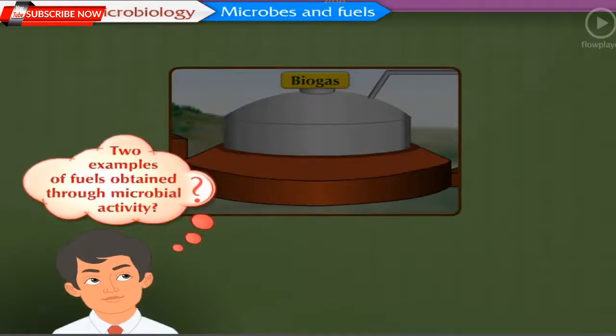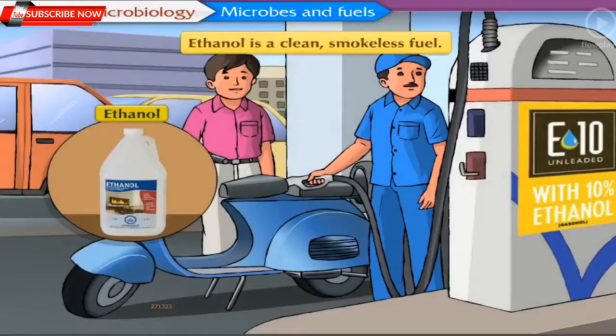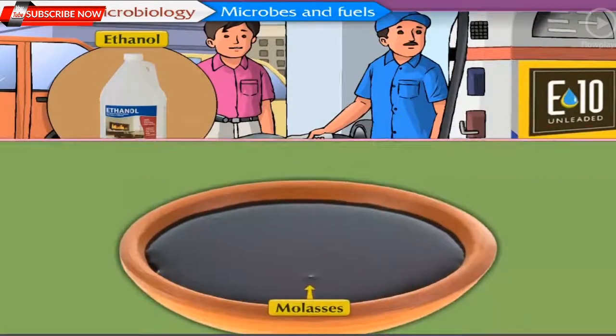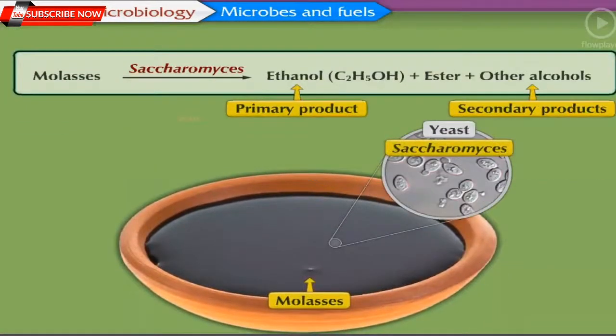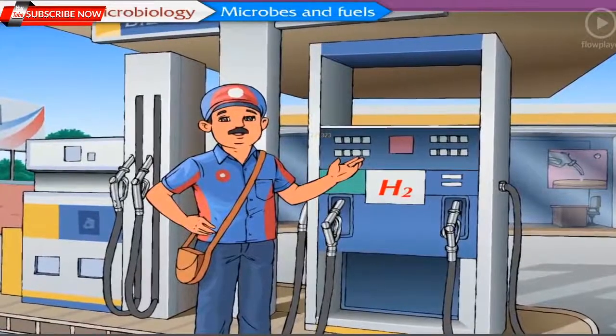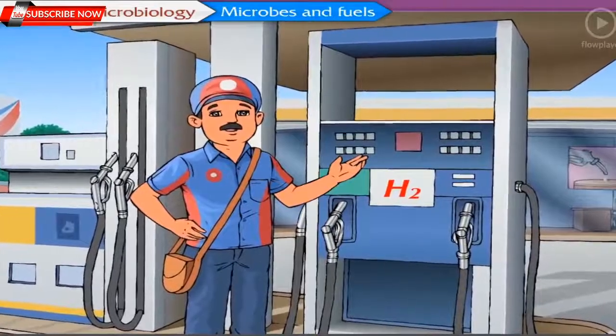Can you find out two more examples of fuels obtained through microbial activity? Ethanol, an alcohol, is a clean, smokeless fuel obtained during fermentation of molasses by the yeast Saccharomyces. Another fuel is the hydrogen gas. This gas is considered to be the fuel of future.